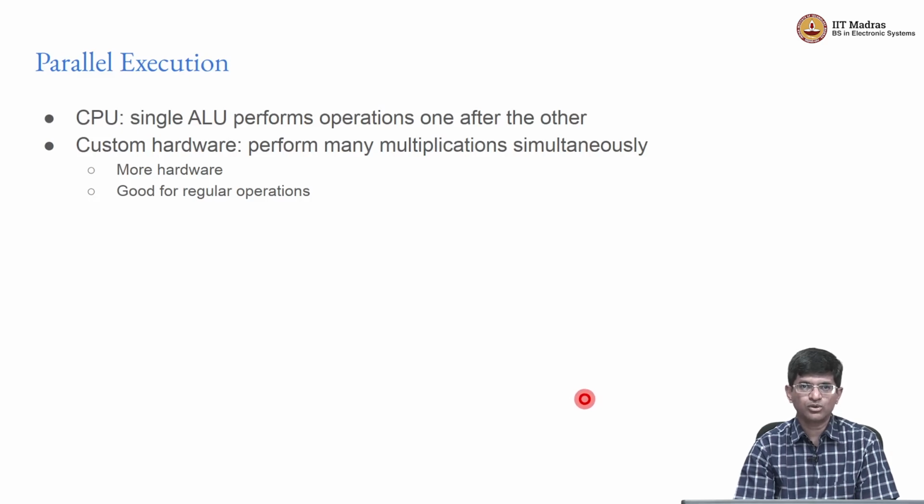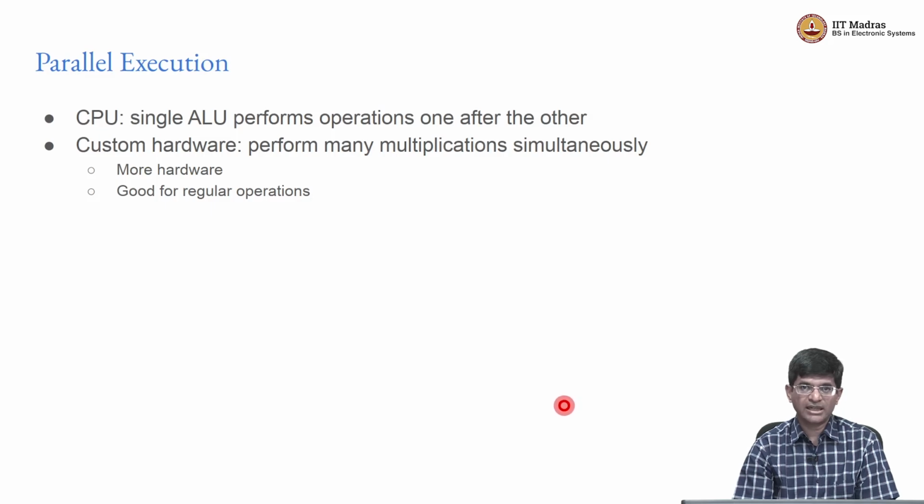So, if I wanted to, for example, multiply or perform a dot product, I have A1 B1 plus A2 B2 plus A3 B3. There are 3 multiplications to be performed over there, but the CPU will first have to do A1 into B1, then A2 into B2, and then maybe add the result to what was there before, and then A3 into B3 and again add the result into what was there before. Now, that is essentially a sequential mode of operation.